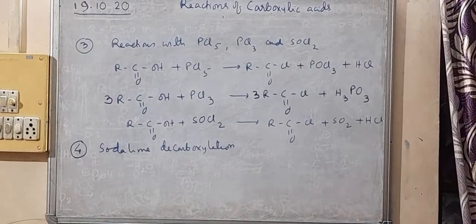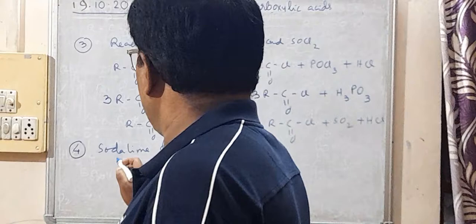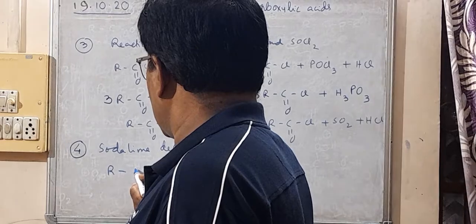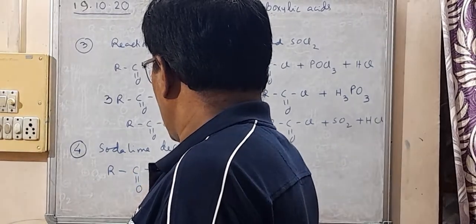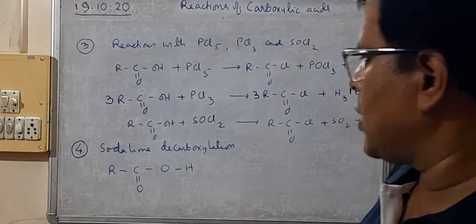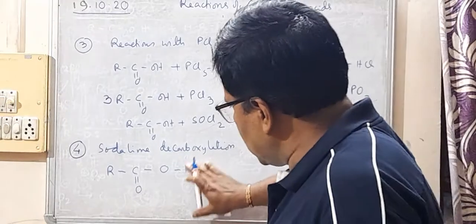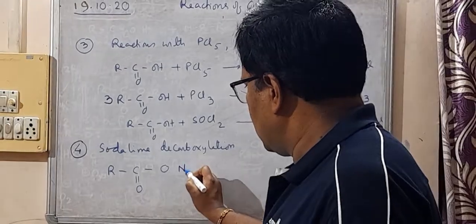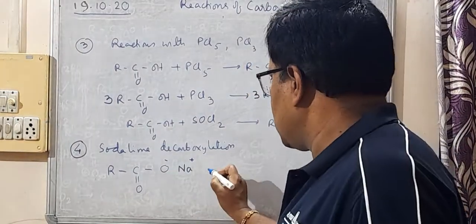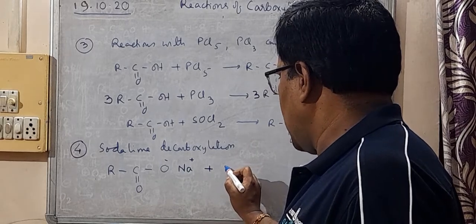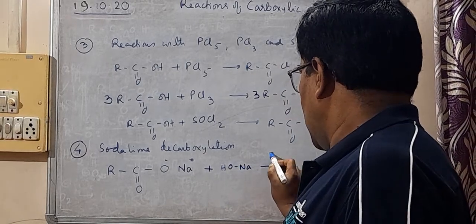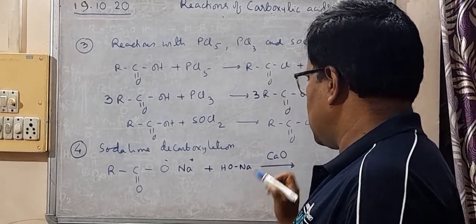Say R C double bond O H. Actually we don't take carboxylic acid here, we actually take the sodium salt of carboxylic acid, when it is heated with soda lime, that is NaOH and CaO. A mixture of NaOH and CaO is called soda lime.